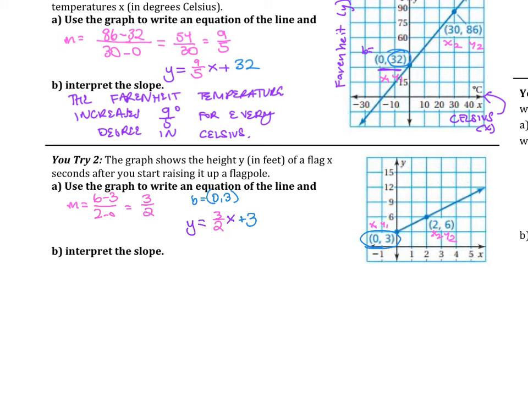Now interpret the slope. So what does this mean? 3 halves. So that means that the flag height increases by 3 halves feet, or 1.5 feet, every second up the flagpole.